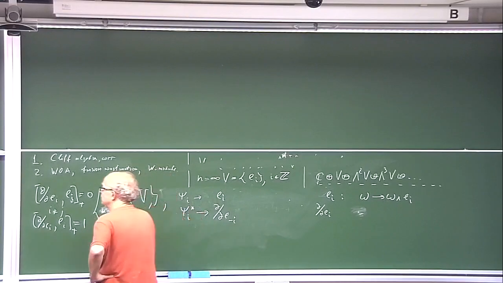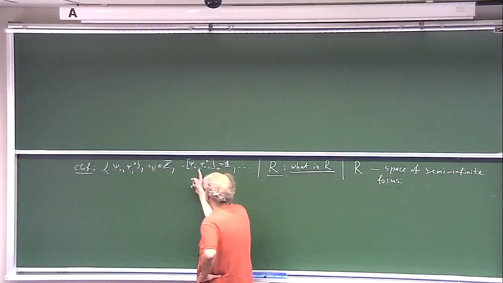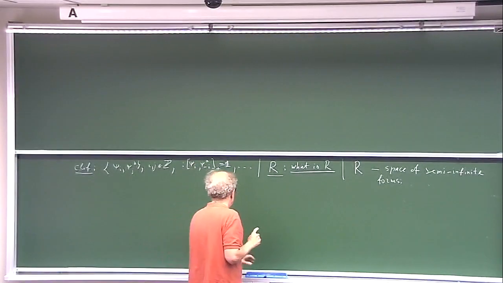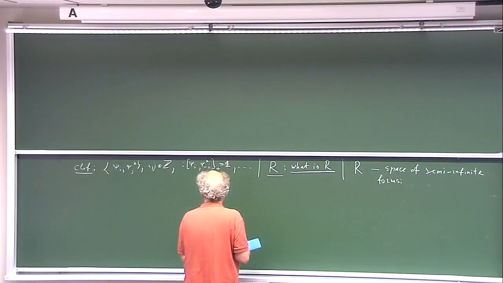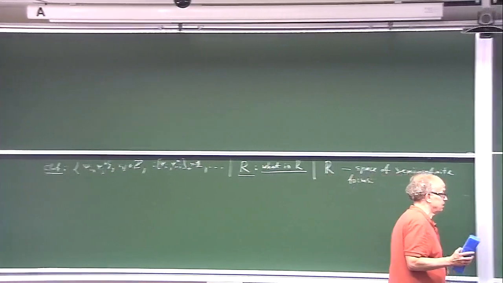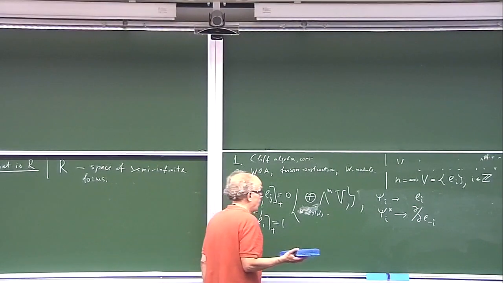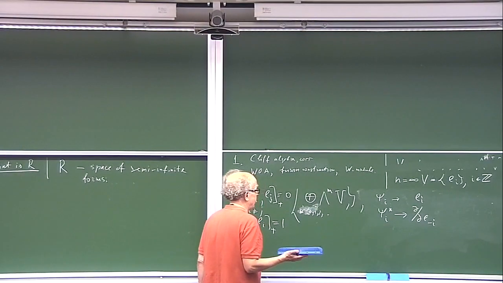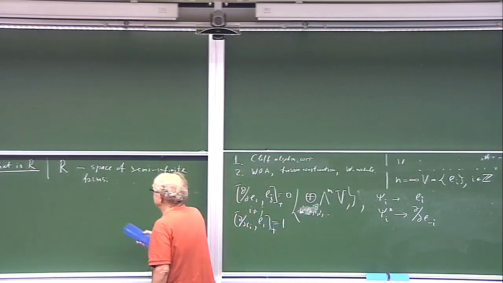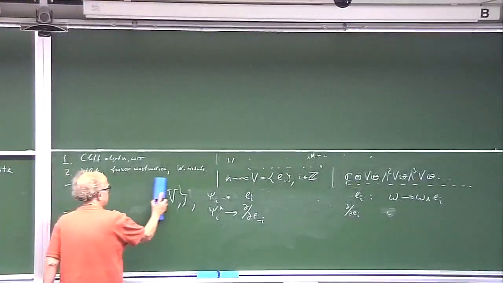If we do this, as a result we get such relations. Right now it means that we have at least one representation of my Clifford algebra, but it is not R. R will be a little bit later.